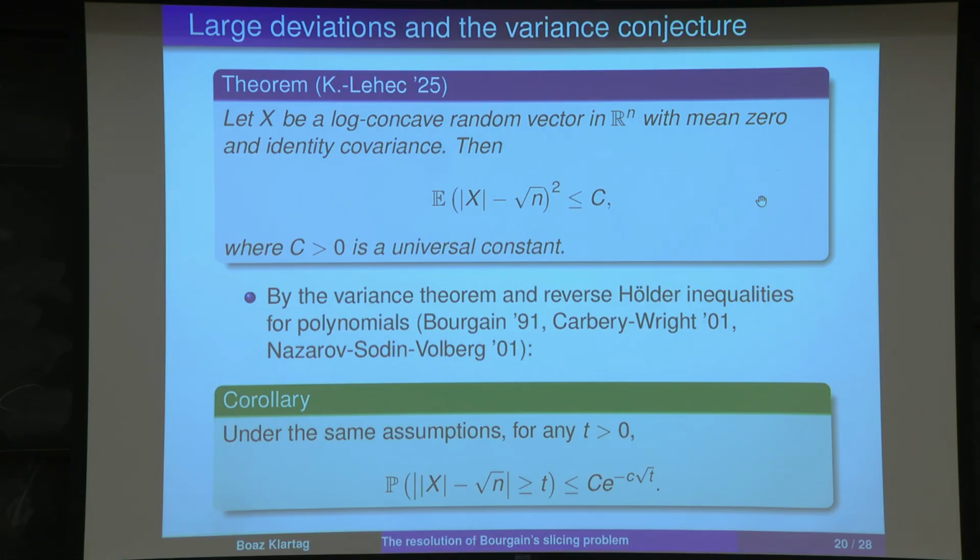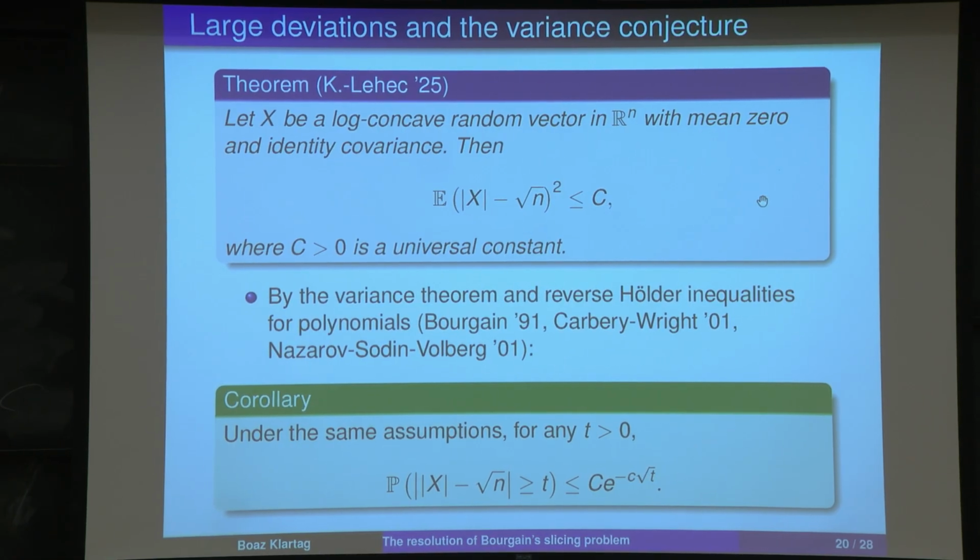The Euclidean norm of X for a random vector X with this normalization is so close to square root of n that the probability it deviates from square root of n by more than t decays like e to the minus square root of t. So this is what we know here. There is a conjecture that the square root of t should be t, but we don't know this as of today.